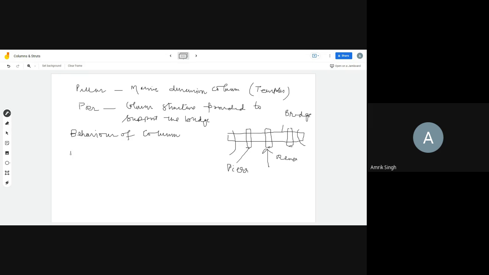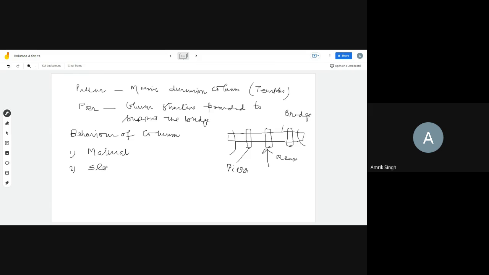The first thing depends on the material, whether it is made up of wood or steel or concrete. Then the second term we use is slenderness.